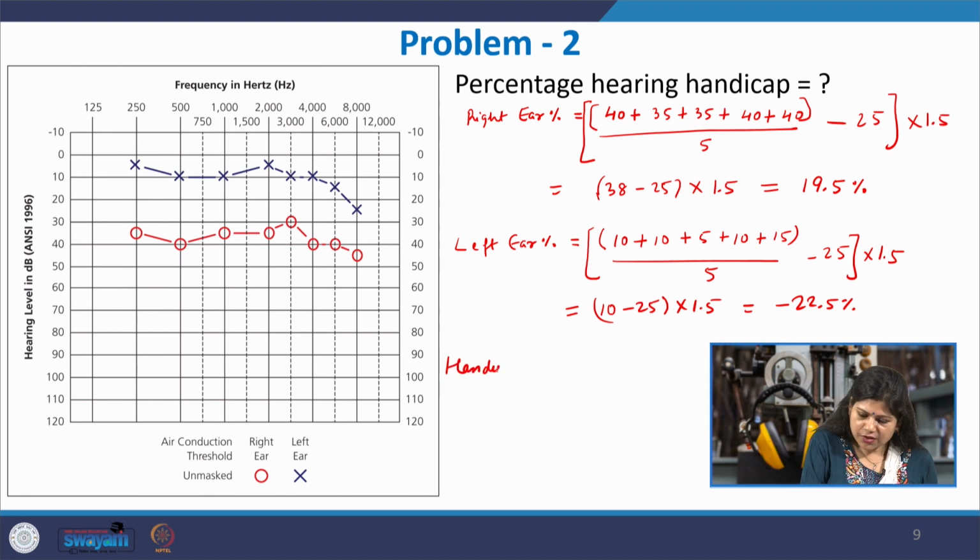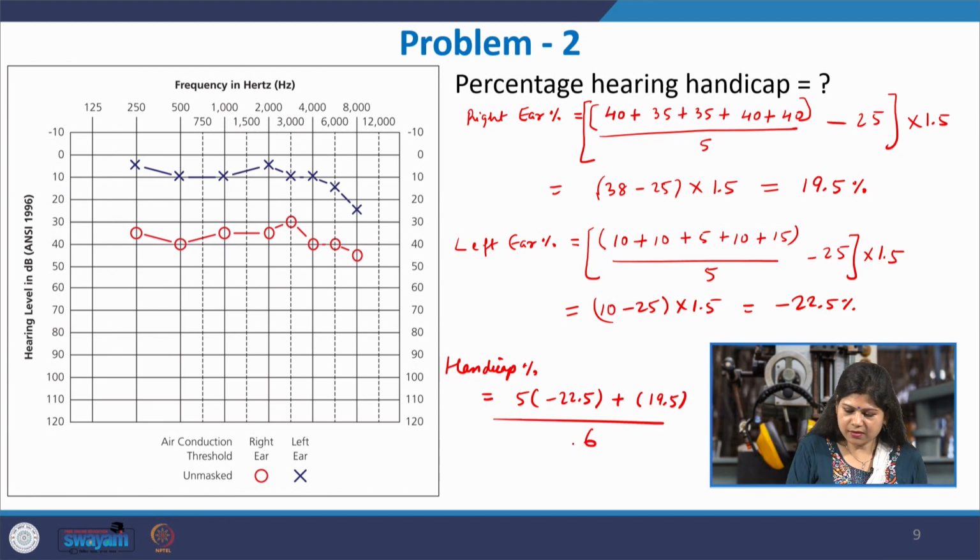Now, the percentage handicap is going to be 5 times the value from the better ear and 1 times the value from the bad ear, and what you get once you solve this is again, the diagnosis is the same: there is no hearing impairment because it is less than 20.